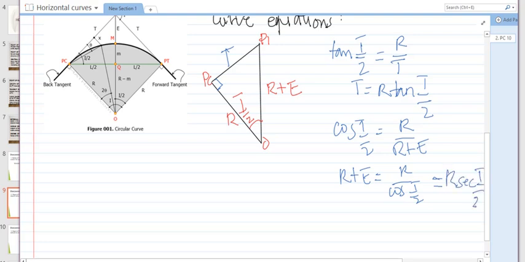R secant I over 2. Okay, so we can now say that E is equal to, transposing R to the other side, R secant I over 2 minus R. Factor out R.